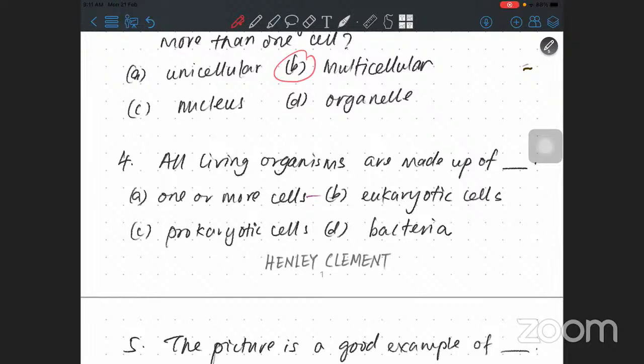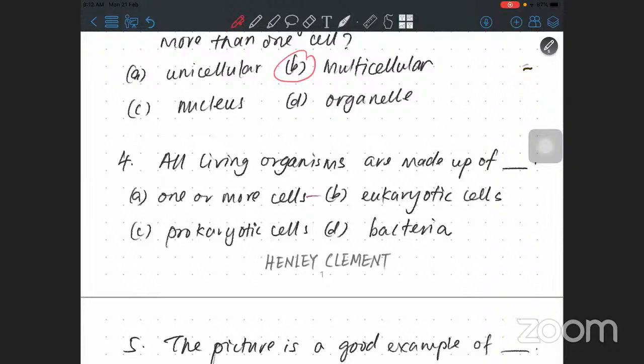C, prokaryotic cells. D, bacteria. You may look to your books to find the meaning of eukaryotic cells, look through your notes for prokaryotic cells or the meaning of bacteria, and go back to the books to find out about all living organisms. From A, B, C, D, you need to choose one. Which one do you think so?